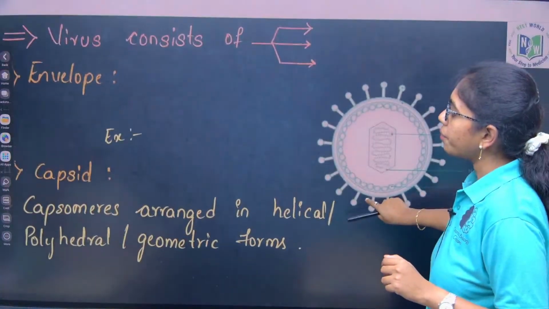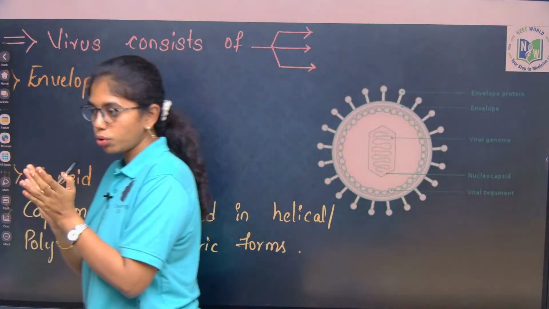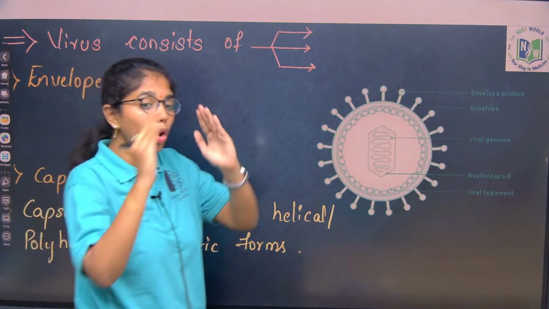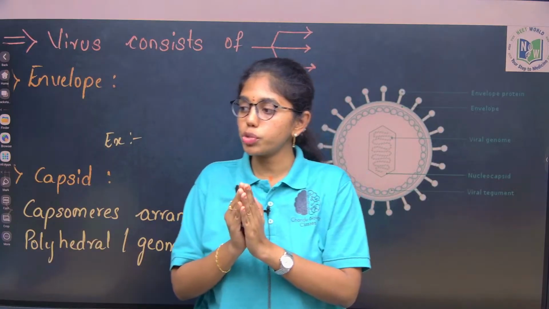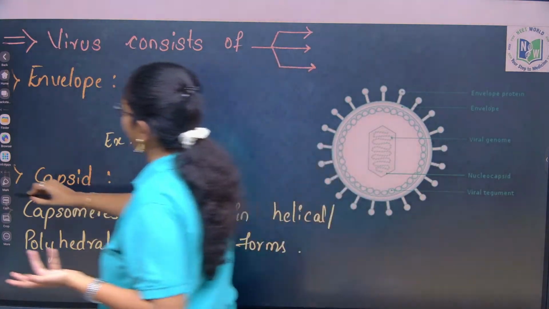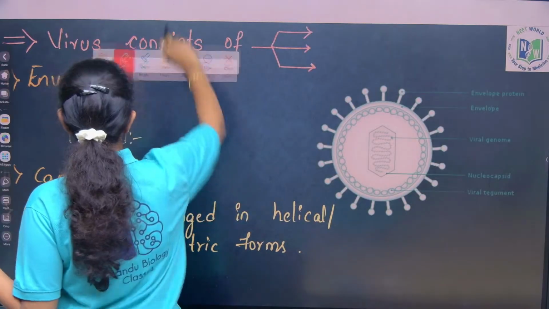Next, a virus usually has a genetic material and a protein coat, you know up till here, but a few viruses will have an envelope over this protein coat, an envelope made up of polysaccharides, lipids and proteins. So, a few viruses will have what? Envelope, capsid and genetic material.